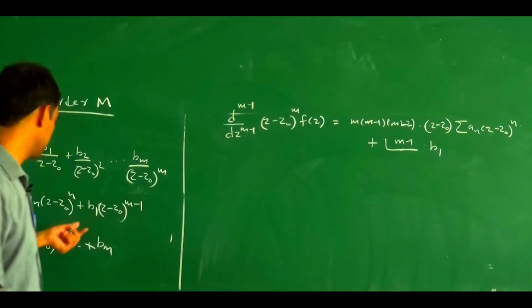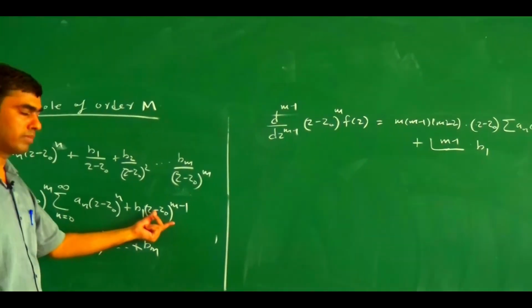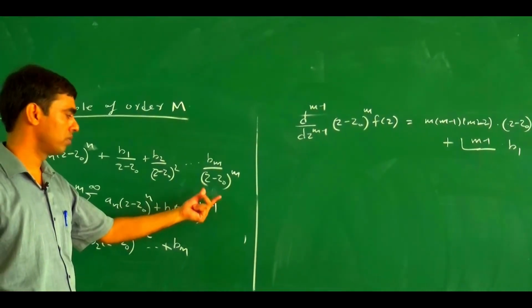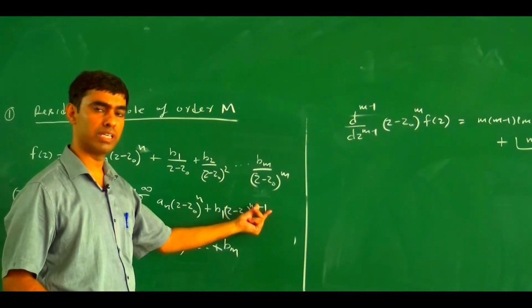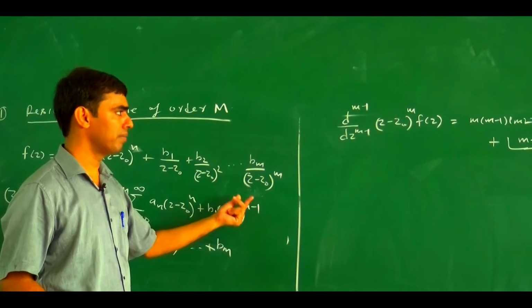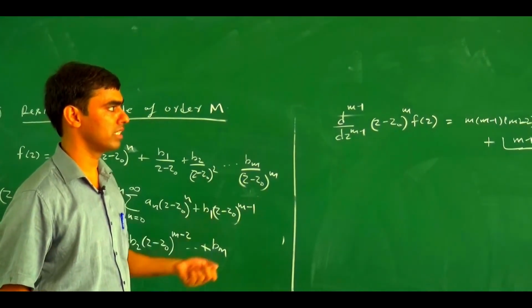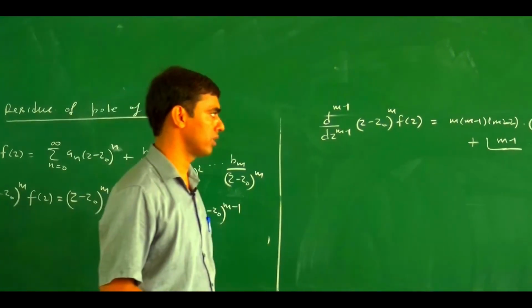Because if we differentiate one time, we get (m minus 1) into (z minus z0) to the power m minus 2, then (m minus 1)(m minus 2), and after m minus 1 times, (m minus 1)(m minus 2)(m minus 3) up to 1, so this becomes factorial.